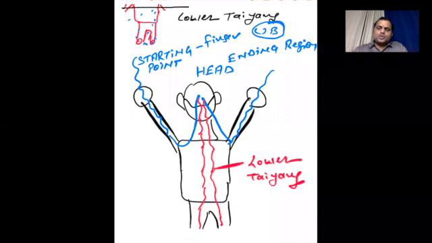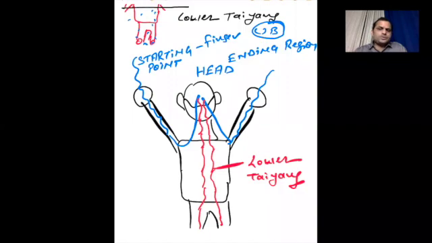If we see the human image in this way, the starting point of the upper Tai Yang is the fingers. The upper Tai Yang starts from the fingers and goes till the head region. In the head region, we change the name and call it lower Tai Yang. So the union point is on the face, on the head.